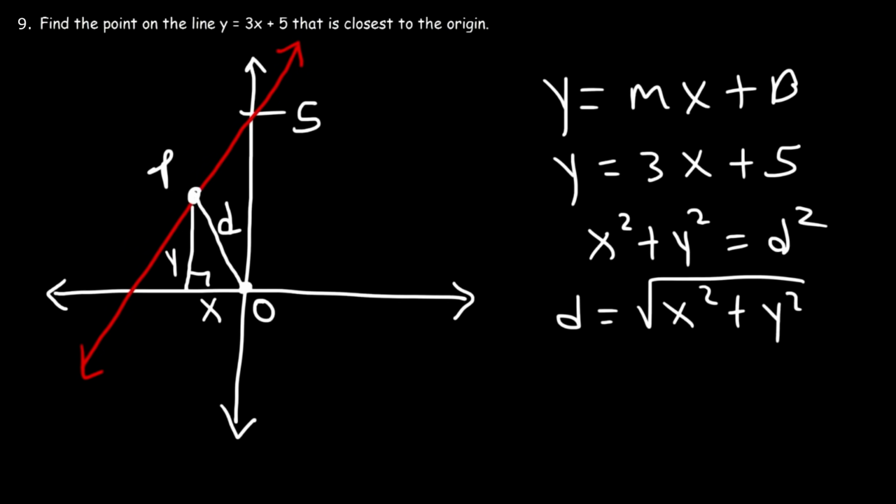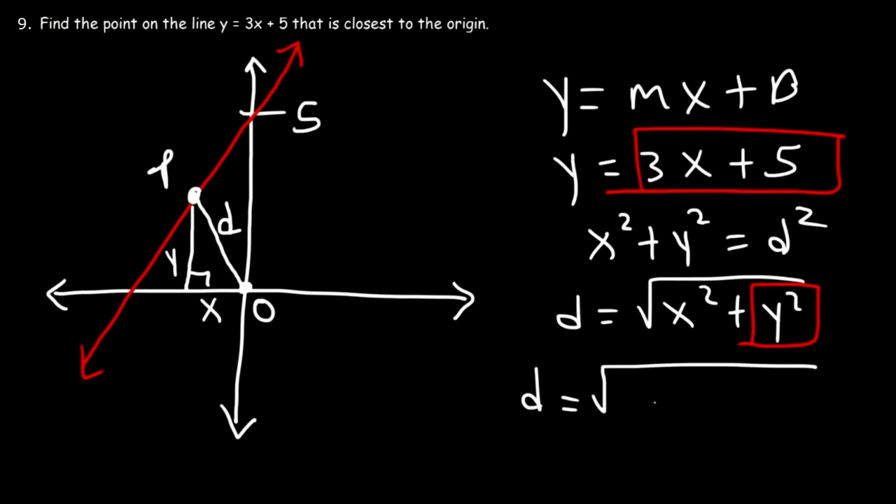So this is the objective function because we want to minimize the distance. And this equation here is the constraint. So let's replace y with 3x plus 5. So d is going to be the square root of x squared plus 3x plus 5 squared.